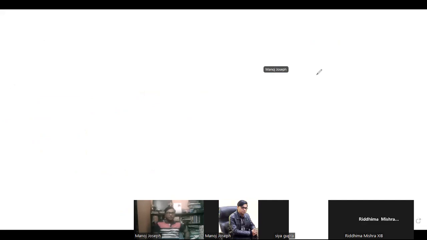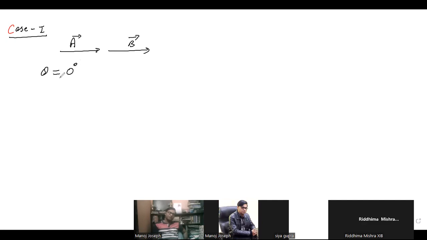Now, how to multiply these vectors? Let us consider three cases. Case 1: when vector A is parallel with vector B, the angle between them is 0 degrees.